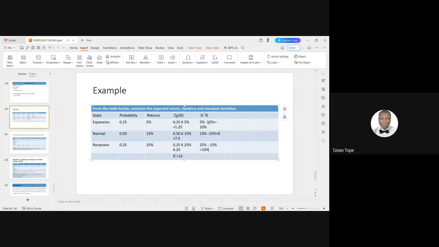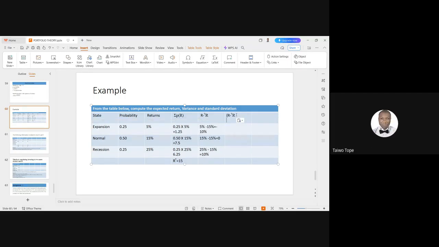So this is your R minus R bar. Now, to determine your variance, we still need to go further. You need to square this value.